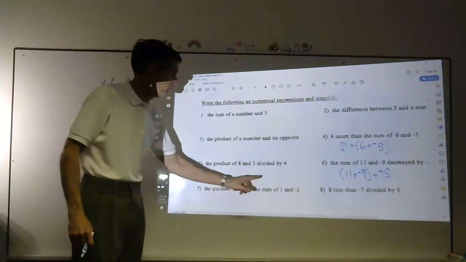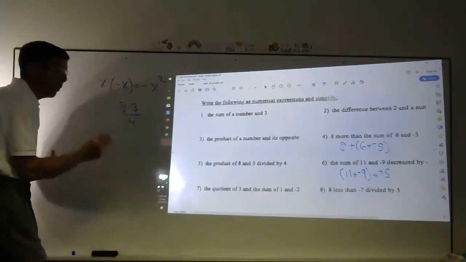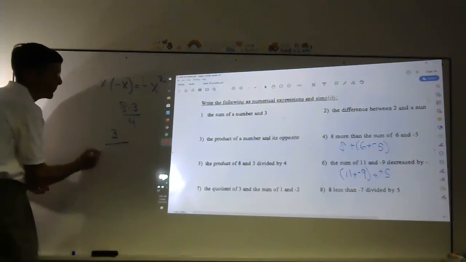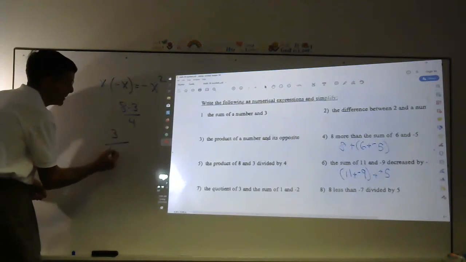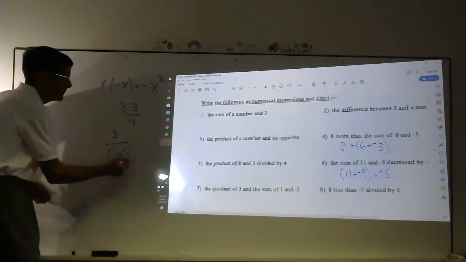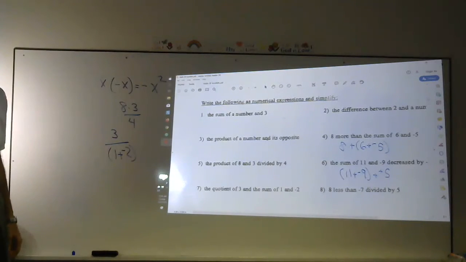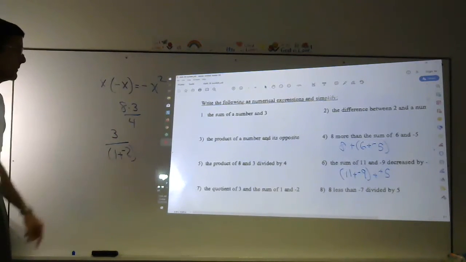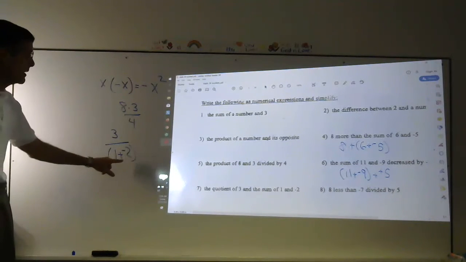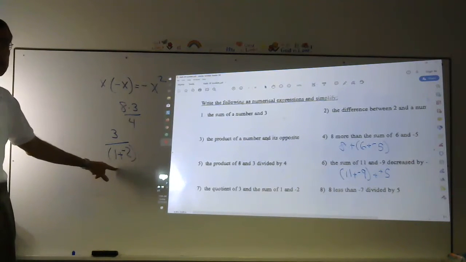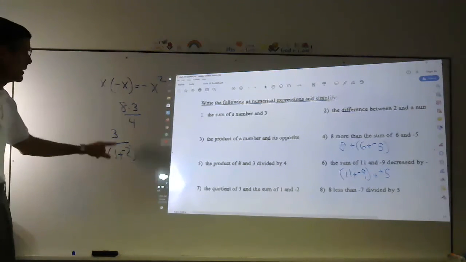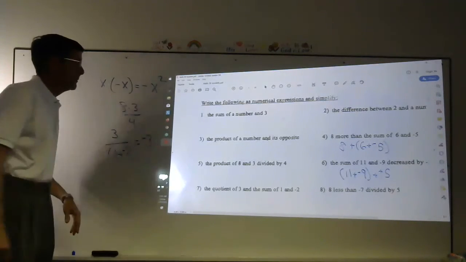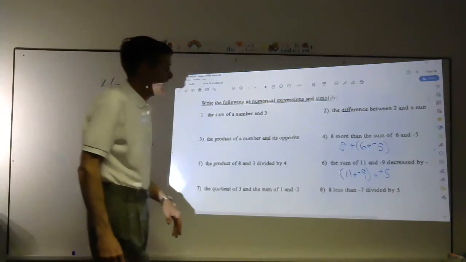The quotient of 3. Quotient is the answer to a division problem. So the quotient of 3 and the sum of 1 and negative 2. Are you with me? Because you have to do the sum, the addition part, before you can divide. So 1 plus negative 2, subtract and give it the sign of the biggest, negative 1. 1 into 3 is still 3, but there's one negative sign, so it's negative 3.